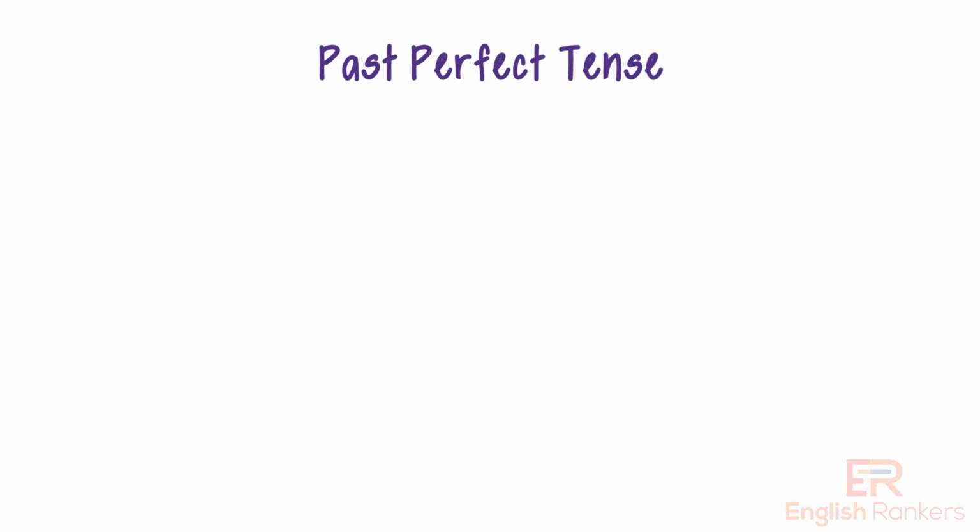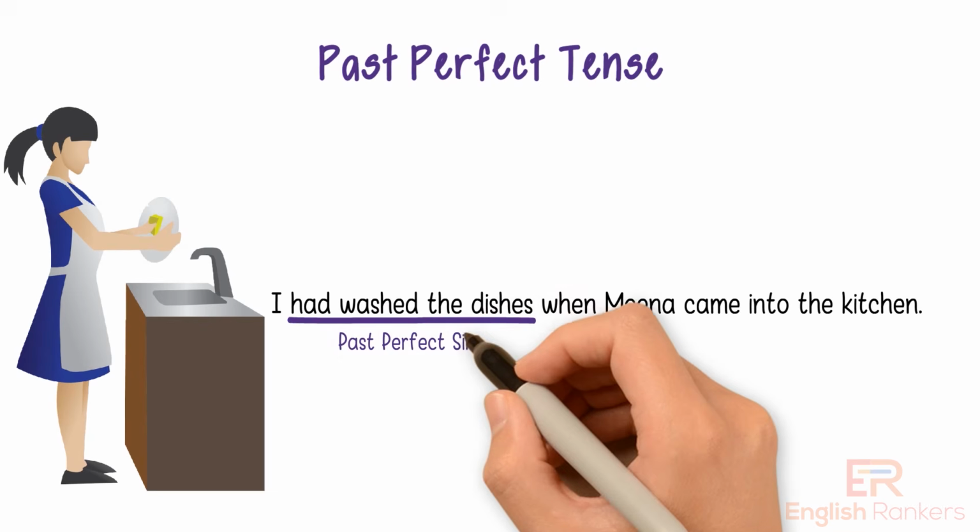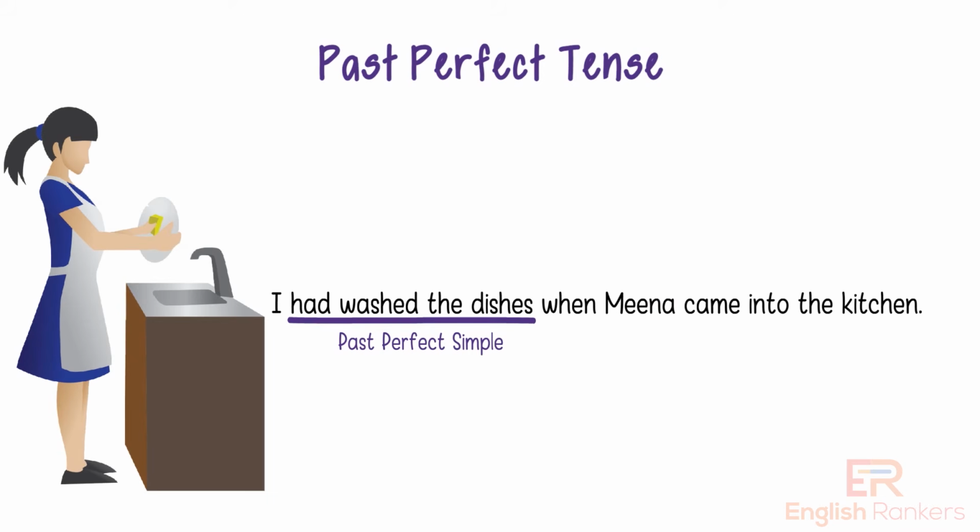Let's see another example. I had washed the dishes when Meena came into the kitchen. We use the past perfect simple when we want to draw attention to the fact that something took place and finished before something else in the past.